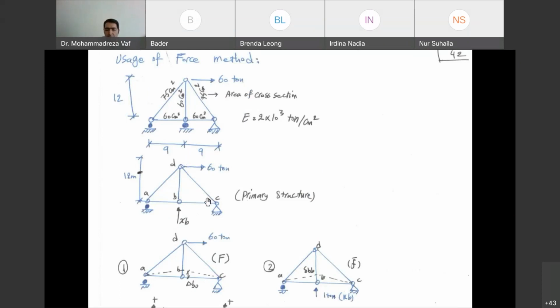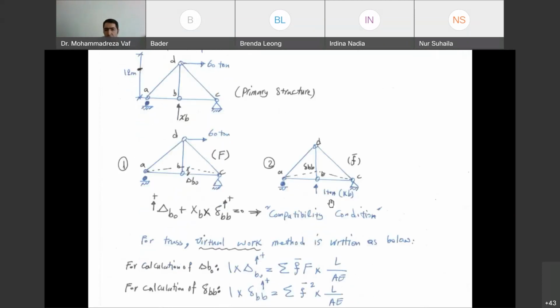So you need to consider the direction of your force together with the direction of settlement. These two should be in a similar direction if you want to make a calculation. Meaning, if your settlement is toward down, you should consider this force also to be toward down. That way your value here is going to be a positive value.